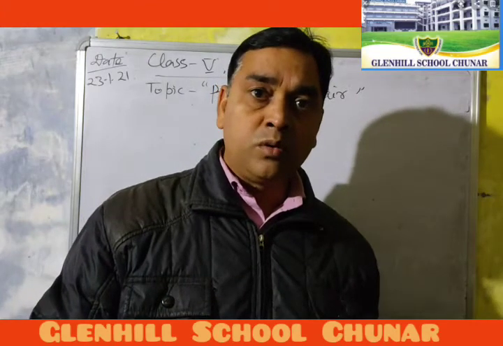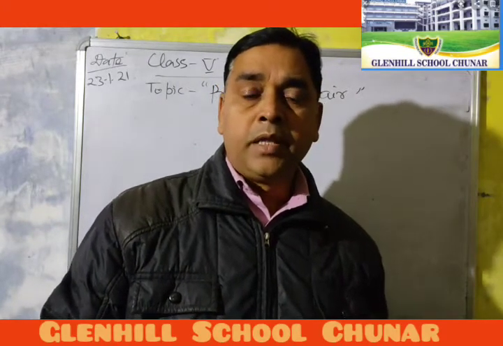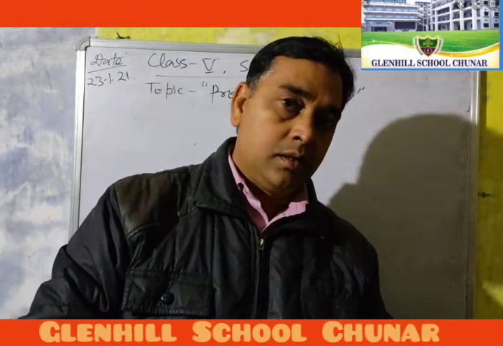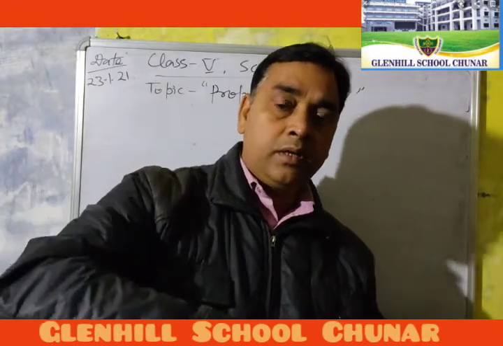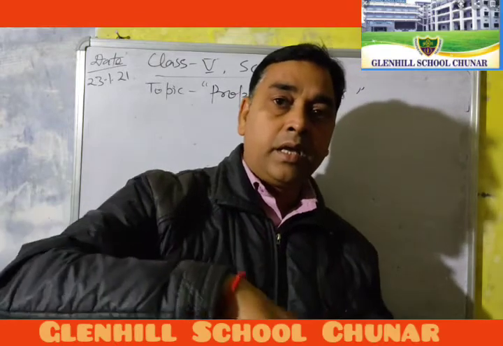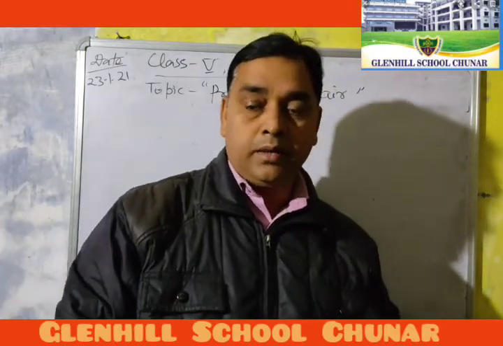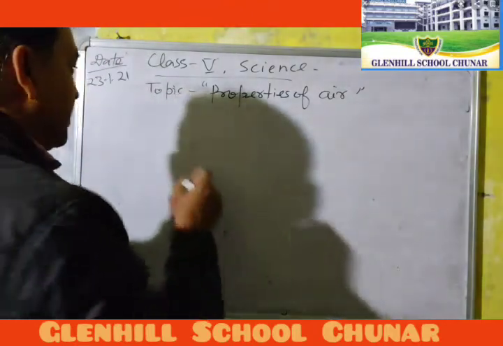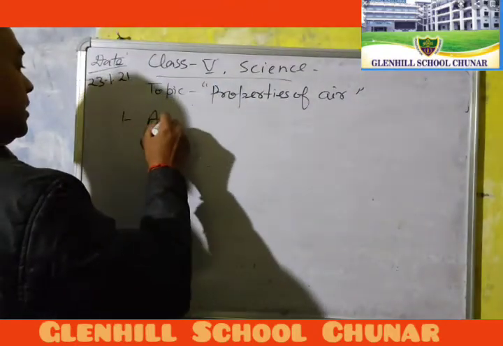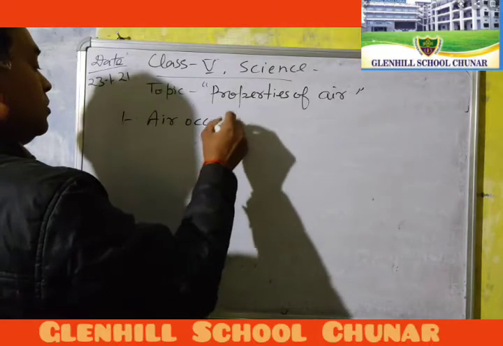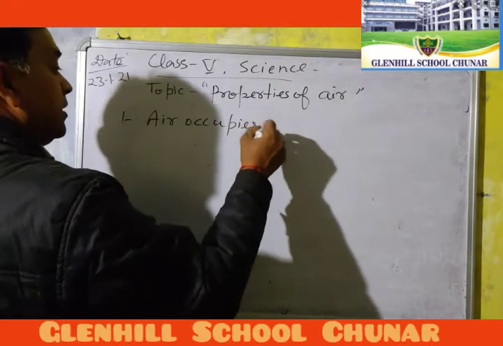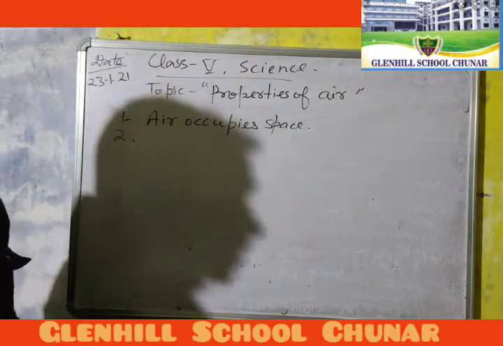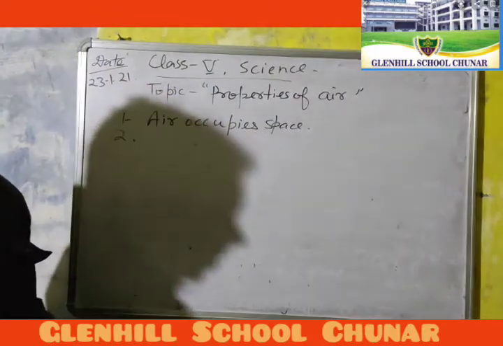You know, student, where these bubbles come from? They come from the empty glass which is filled with air. When we pour water in, the air comes out. So first, air occupies space.